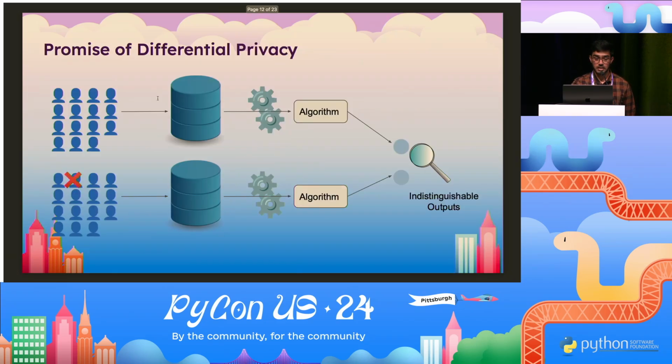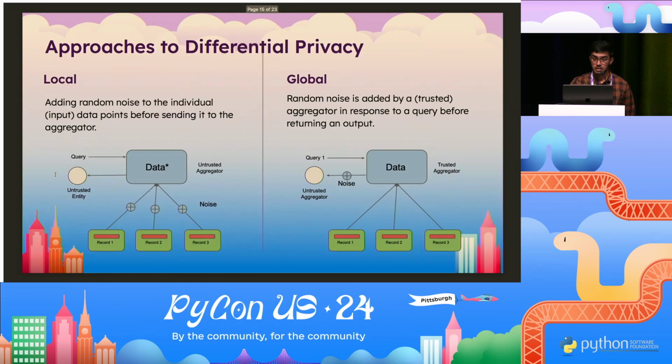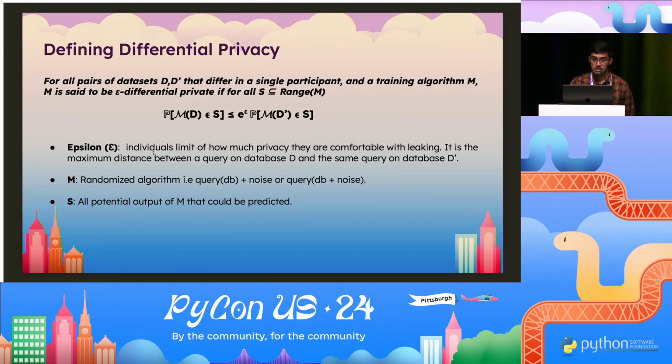So something like this: two data sets, D and D prime, with one participant missing in the other data set. For all such data sets and a training algorithm M, M is called an epsilon differentially private algorithm. Epsilon is a parameter which we'll also get to in a bit.